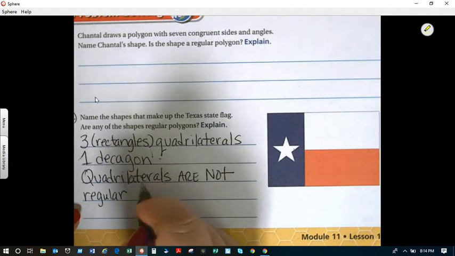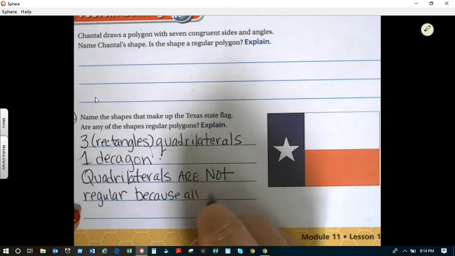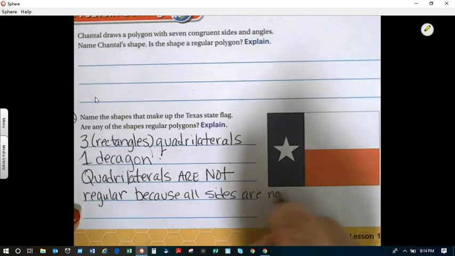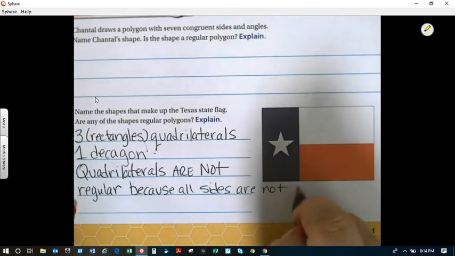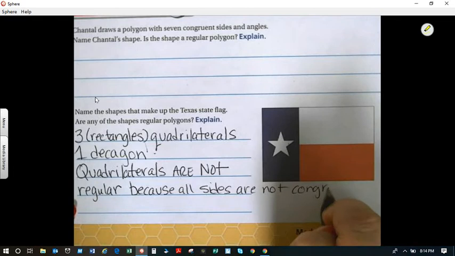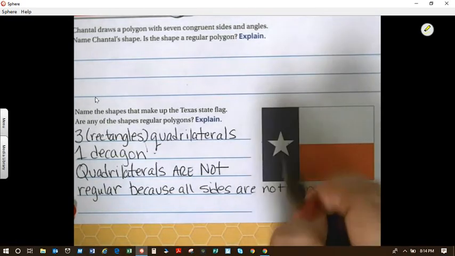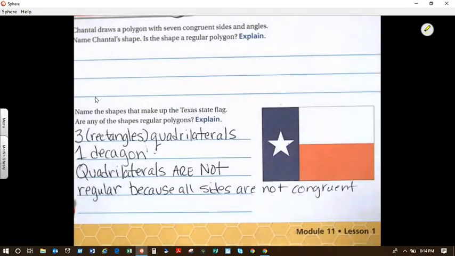Because all sides are not congruent. They're not all equal. I have this is equal to this side, and this is equal to this, but all 4 sides are not equal.